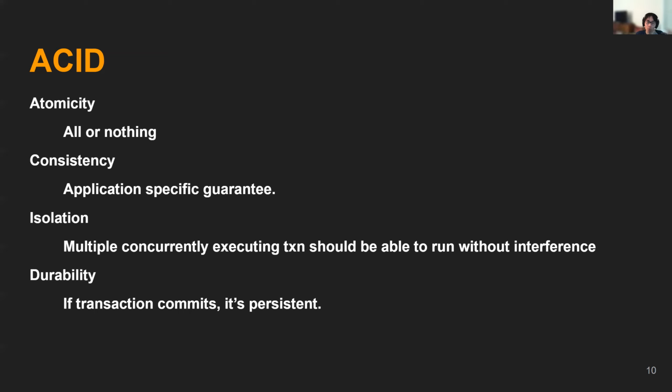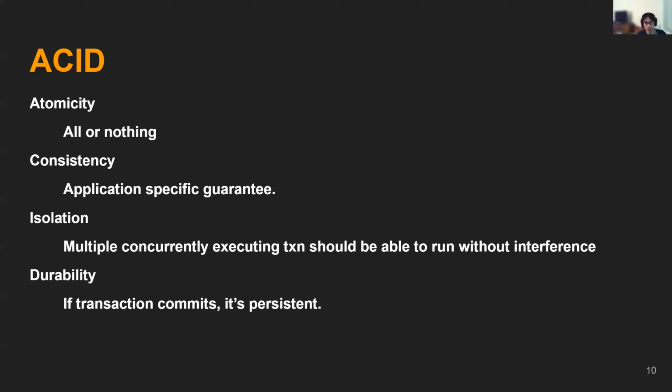So if you are in one consistent state and you execute your transaction, you should go to the next consistent state. And what is consistent in this general sense? You can think of application-specific constraints like a primary key constraint or foreign key constraint. Those can be regarded as consistency.